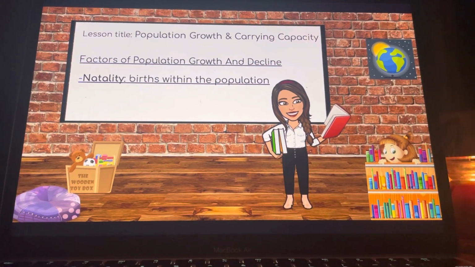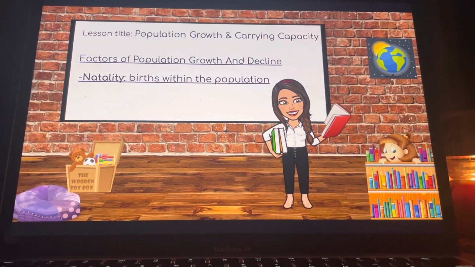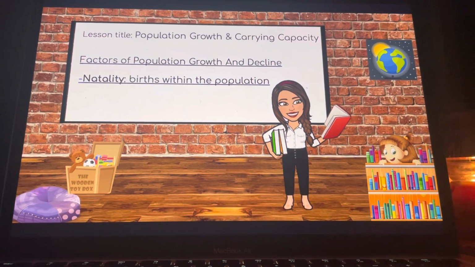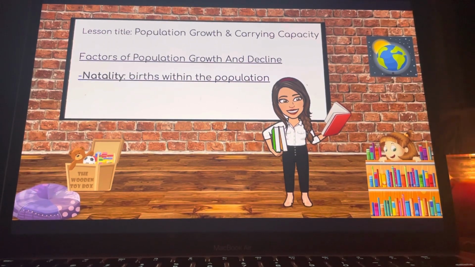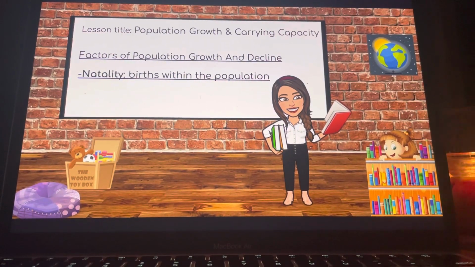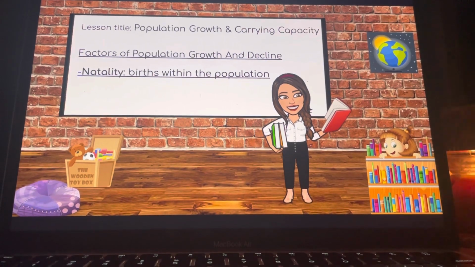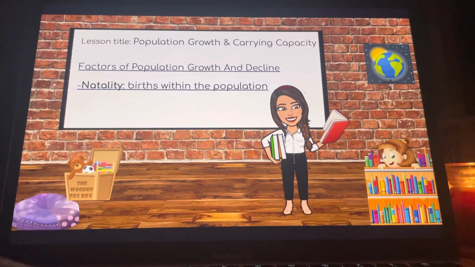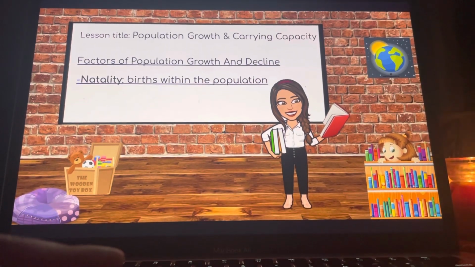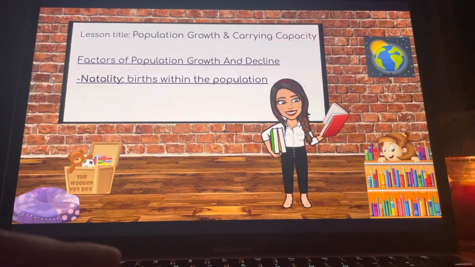Now is when we begin to get into the factors of population growth and decline. The first one we have on our list is going to be natality. These are the births within the population. Again, these are underlined, so you can go ahead and start writing these down.